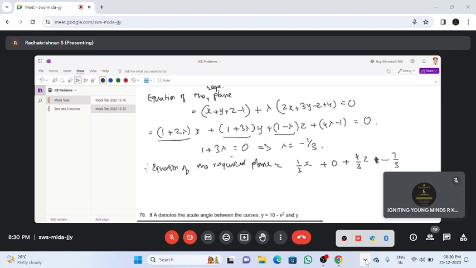So it simply becomes this. Or we can multiply by 3 and write it as x plus 4z minus 7 equal to 0.